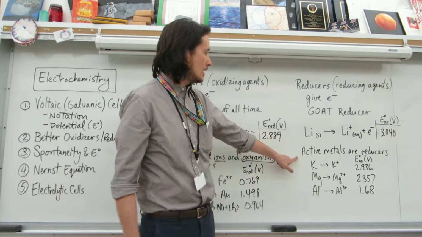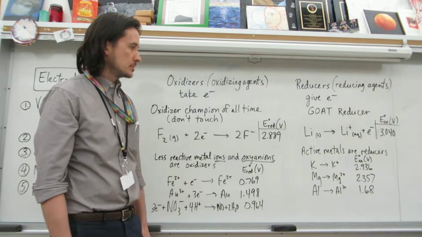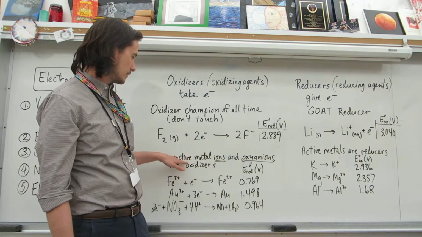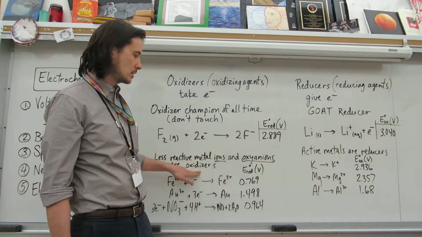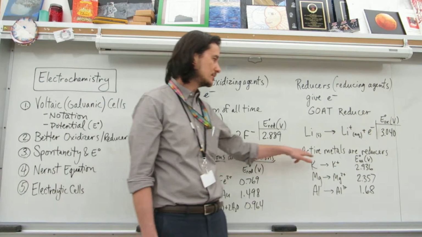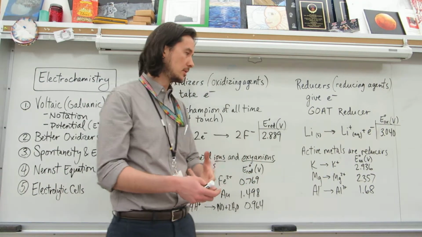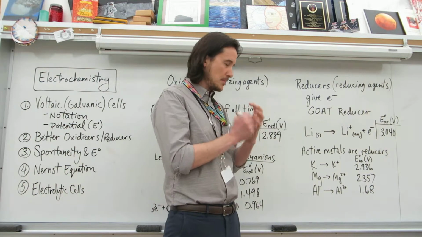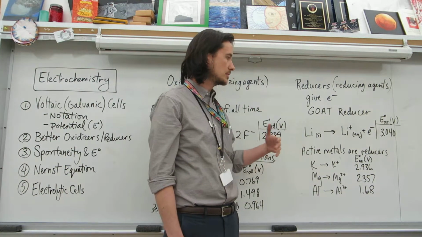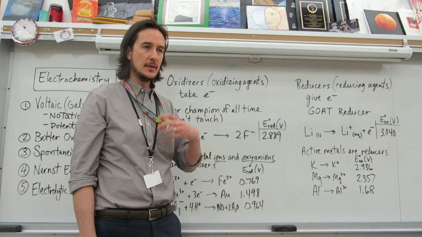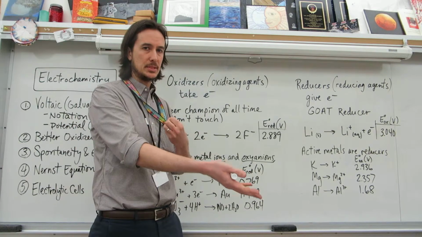Anyway, so active metals are reducers. Over here we have less reactive metal ions are oxidizers, but if you have an active metal with all its electrons on it, that's something that's going to tend to reduce something else. The reactive metal is going to give up its electrons.